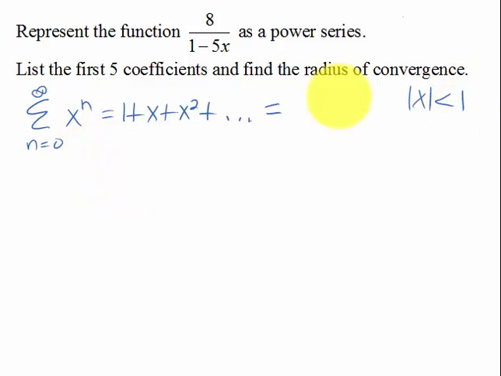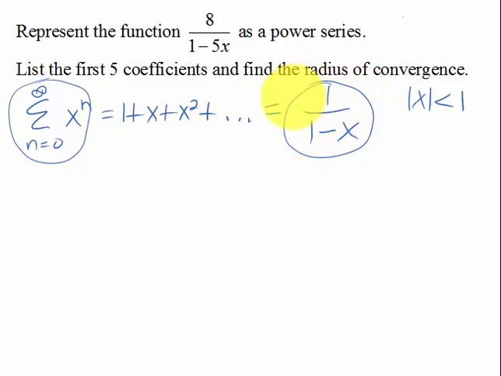And if it does, then we have a formula for the sum: it is the first term, which is 1, over 1 minus the common ratio, and the common ratio here is x. So this power series is expressed as this function as long as we have this radius of convergence of 1, so as long as x is between -1 and 1.